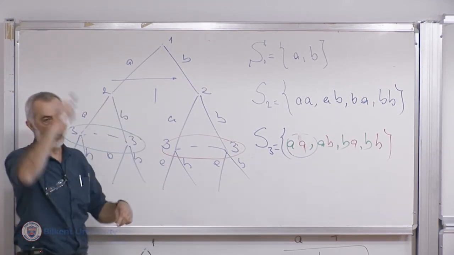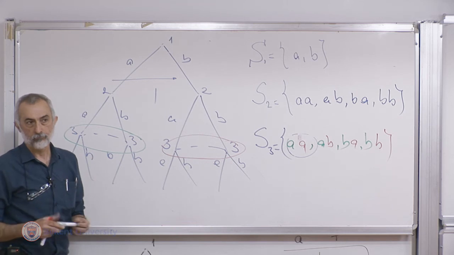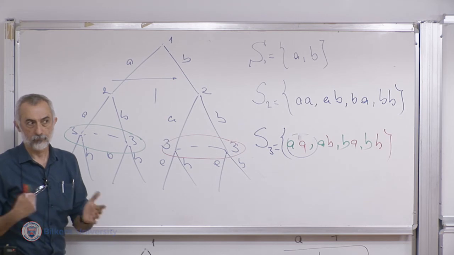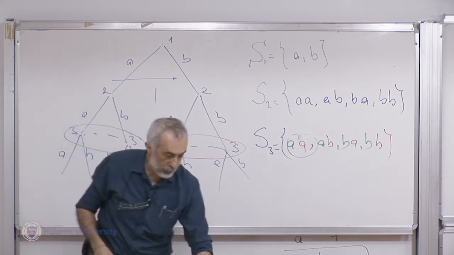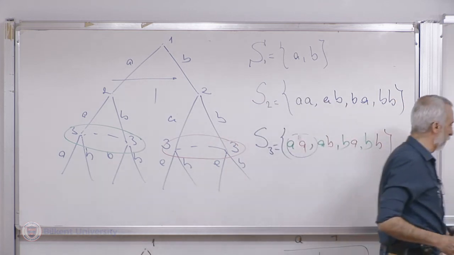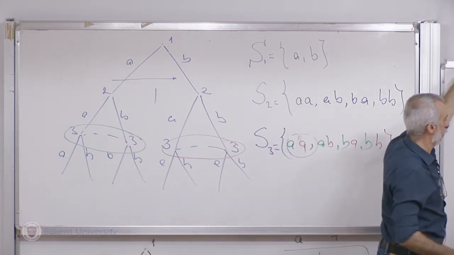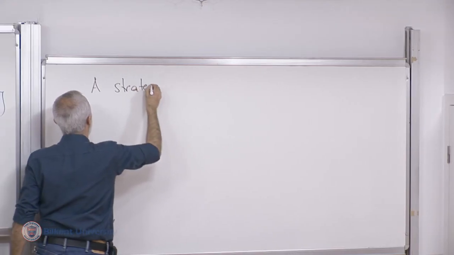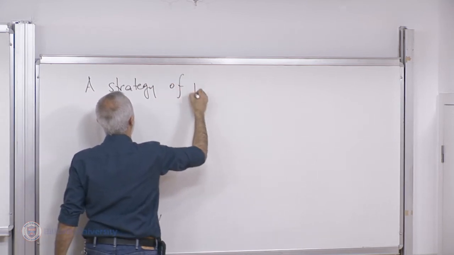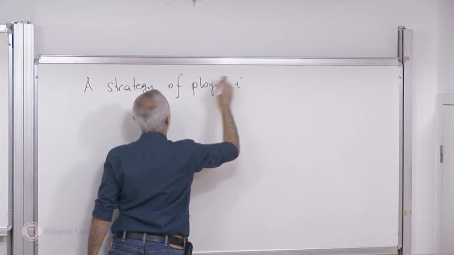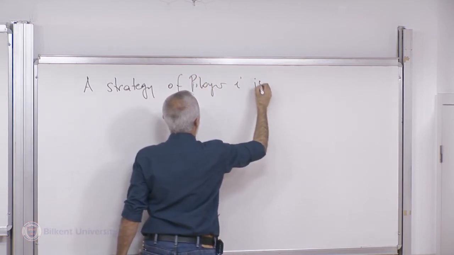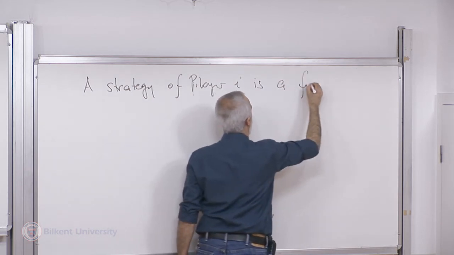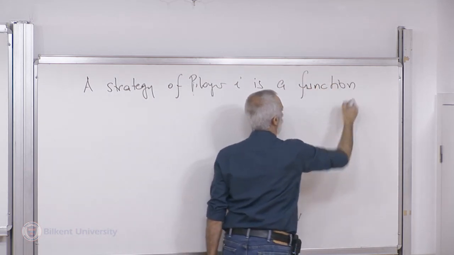And then based on this, you can write the strategic form game. So far, so good? Okay. So let me give you a more formal definition of a strategy of player i. A strategy is a function.